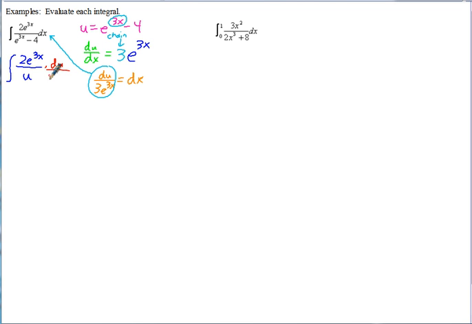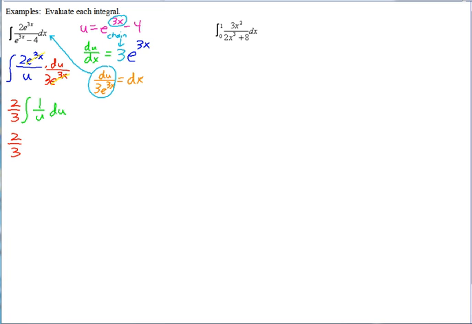du over 3e to the 3x. And then you can see that e to the 3x is reduced out. And you can pull out the constant of 2/3. And again, notice all we're left with is integral 1 over u du. So we can leave the constant 2/3 on the outside.